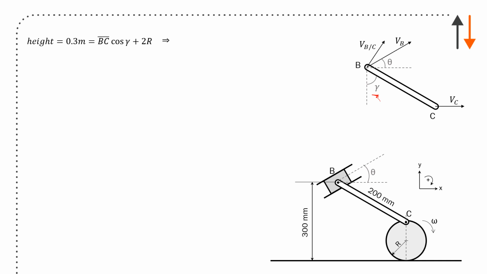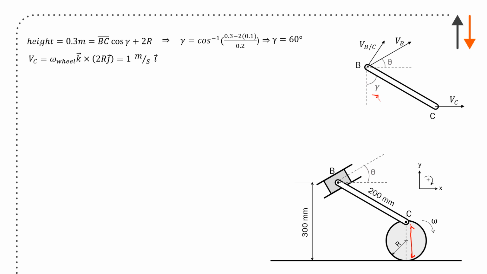So the total height, the 300 millimeters, is just going to be the vertical distance of BC plus 2r, which is the distance along the height of the cylinder, so its diameter. Substituting in terms and extracting, I get gamma is equal to 60 degrees.